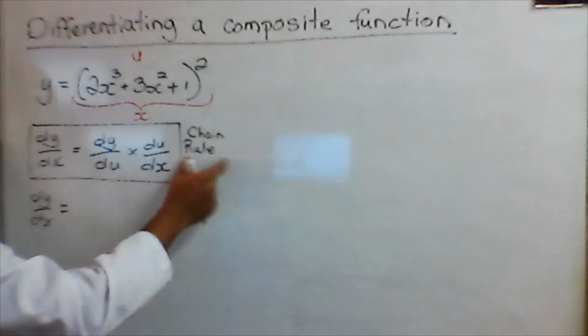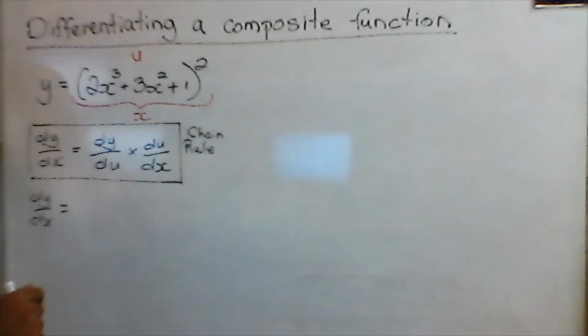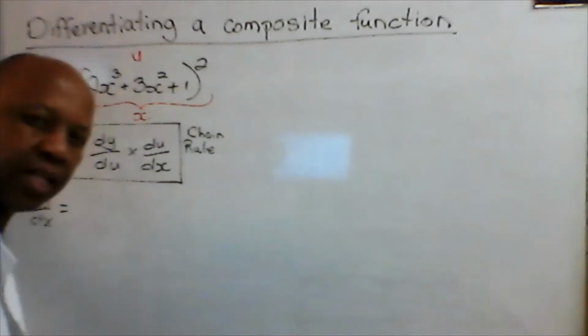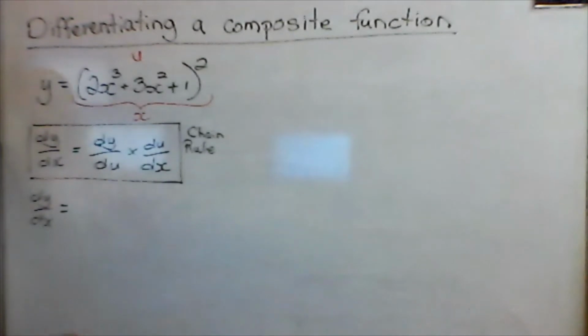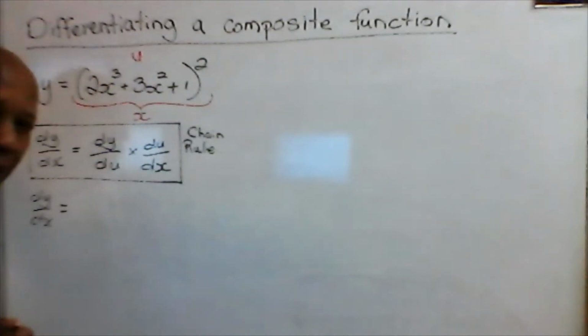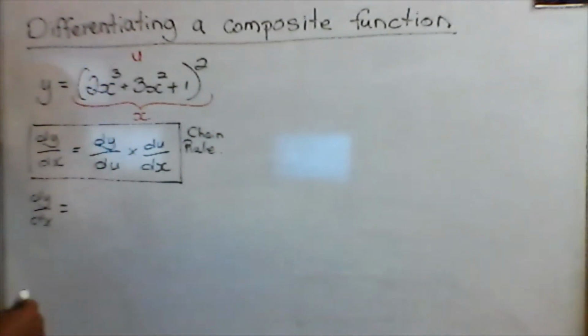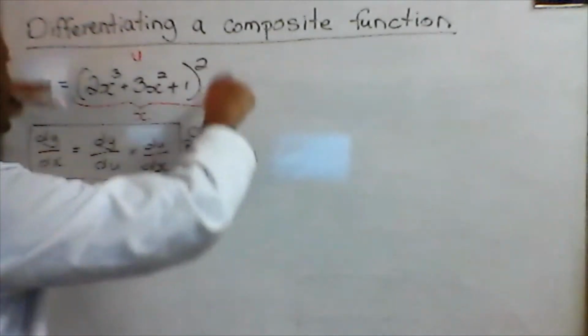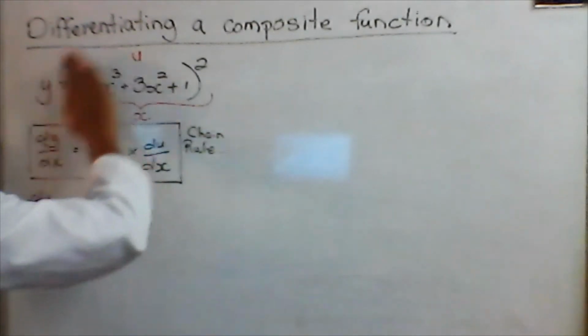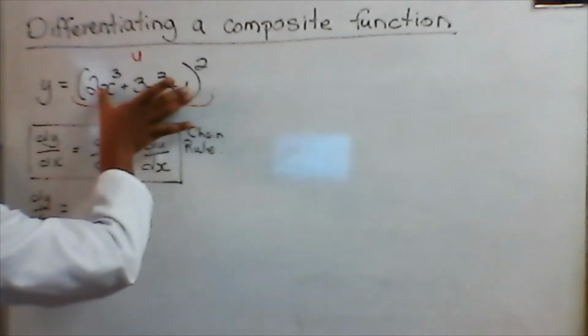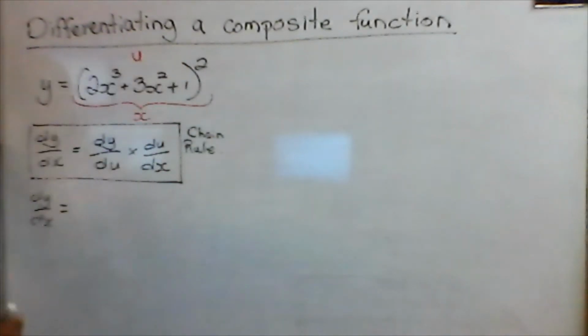So the chain rule, in very crude form, states that it's the derivative of the outside evaluated at the inside, multiplied by the derivative of the inside.